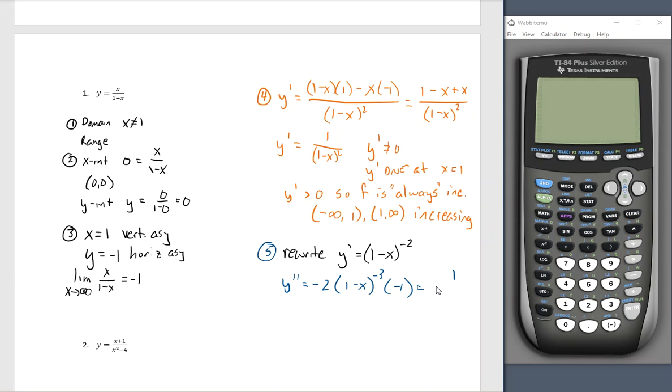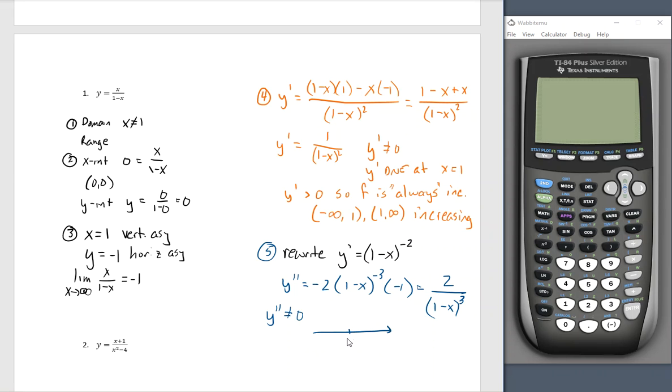1, or 2, because there's a 2 there, and I somehow can't multiply. 2 over 1 minus x to the third. Again, the second derivative is never 0. The second derivative, I suppose we could do an interval.